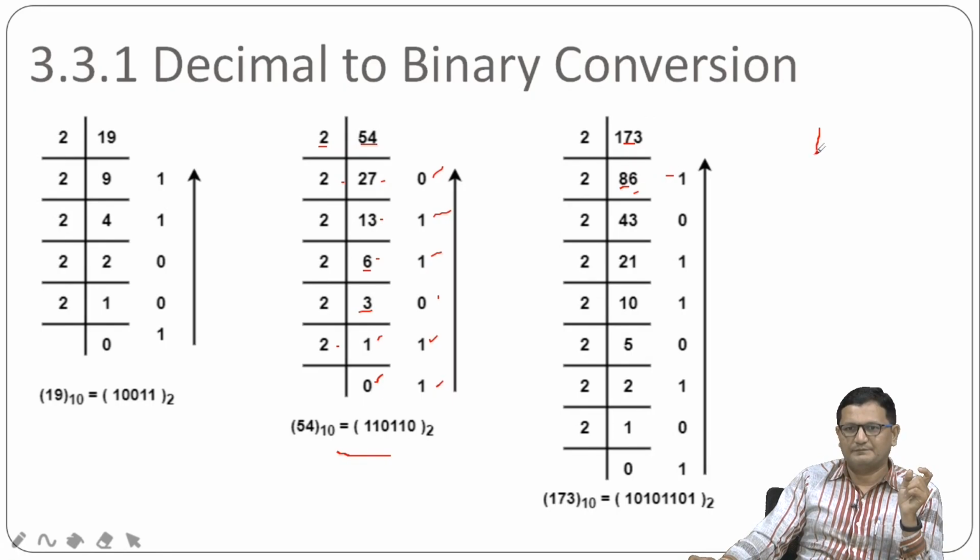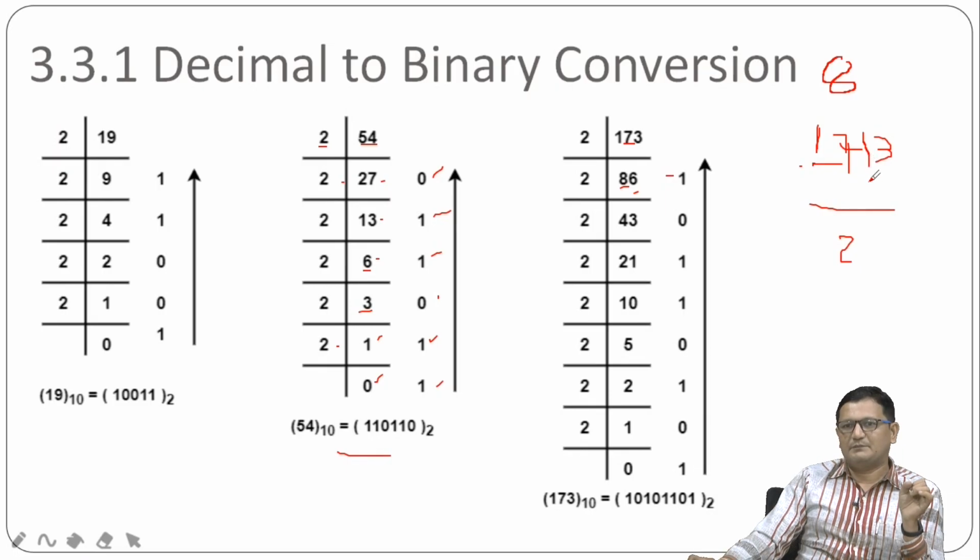It is something like this, see: 173. If we are dividing it by 2, first I try to divide this 1 by 2, but 1 is smaller than 2, so I consider 2 digits, 17. 2 8s are 16, but this number is 17, so here 1 is a remainder, you put it here.